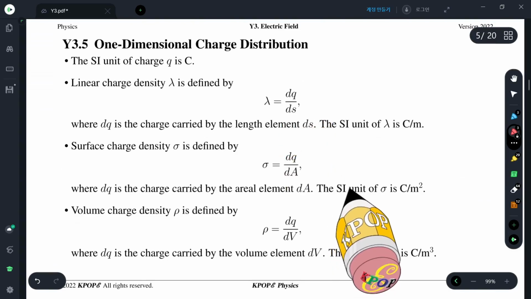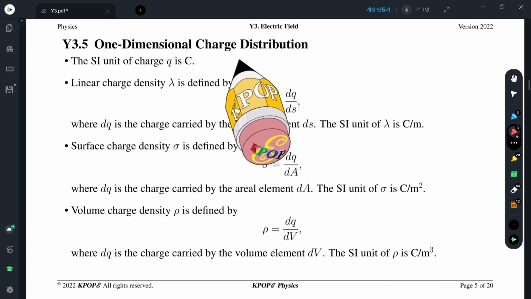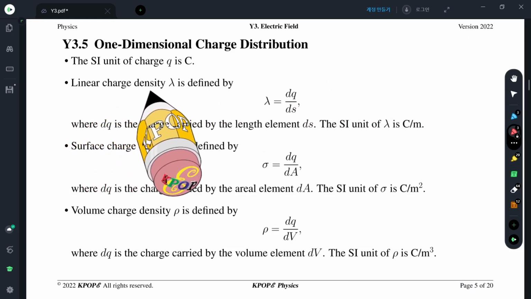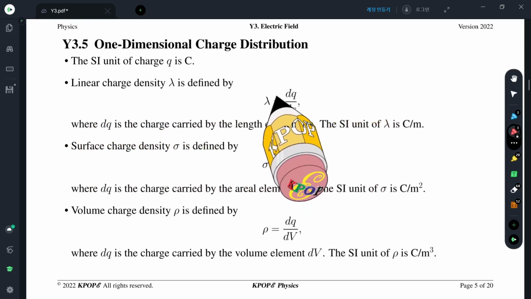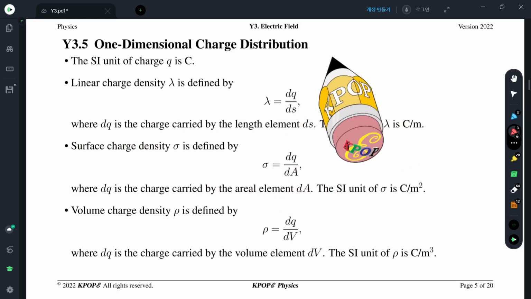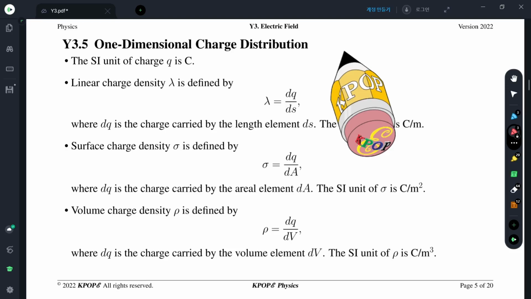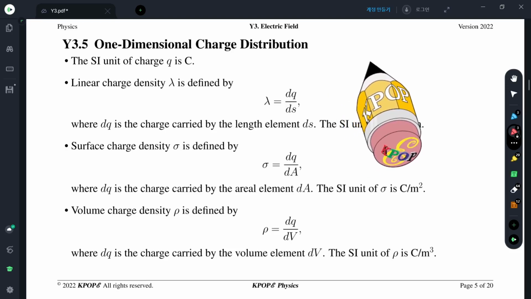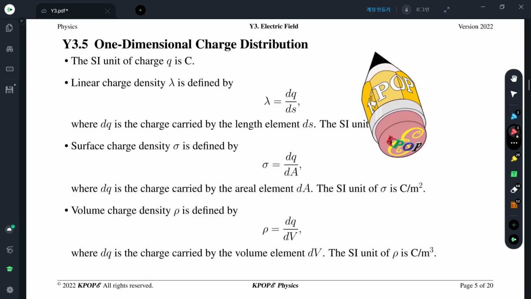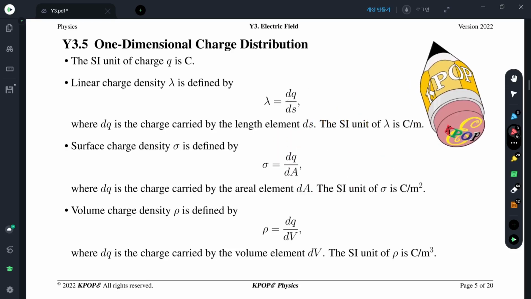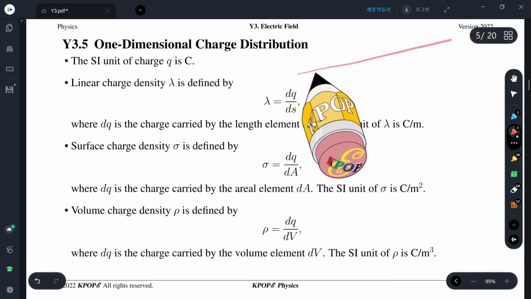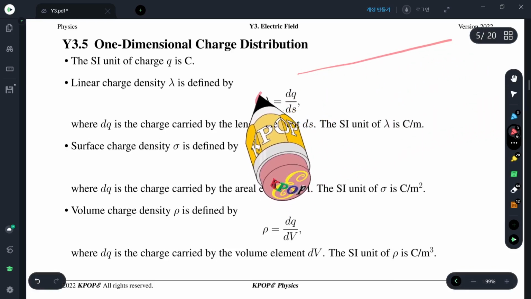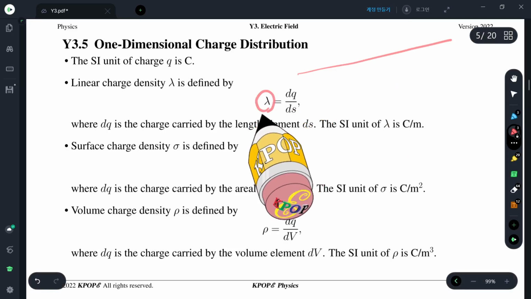Let us consider a one-dimensional charge distribution. Linear charge density is defined by lambda. For the simplistic case, we assume a uniform charge distribution on some geometrical object. First, a straight wire with uniform charge distribution.